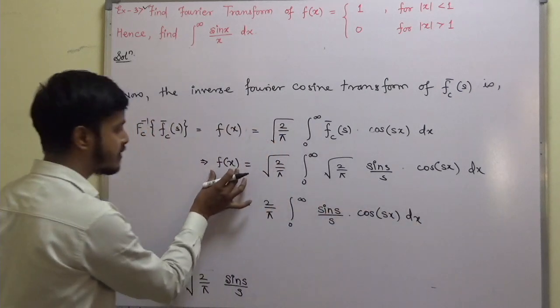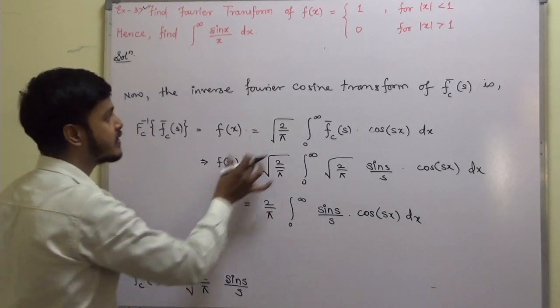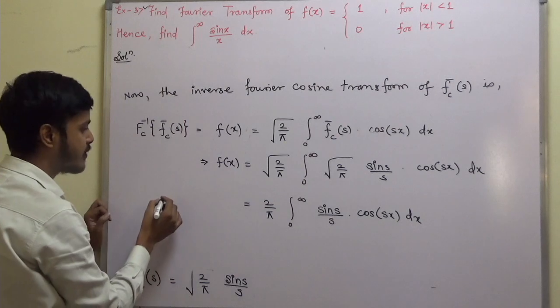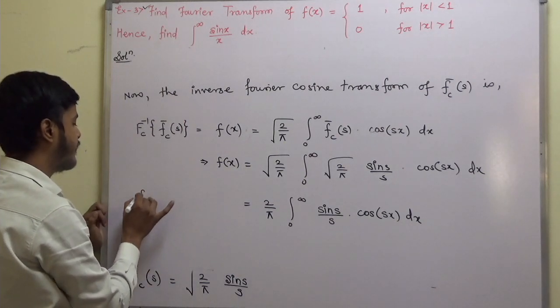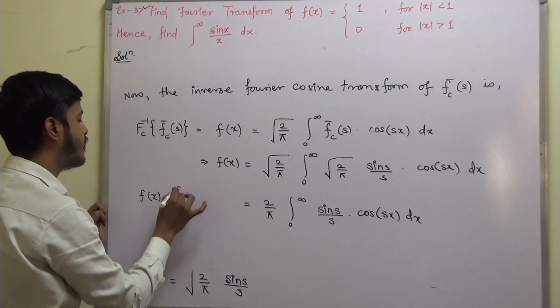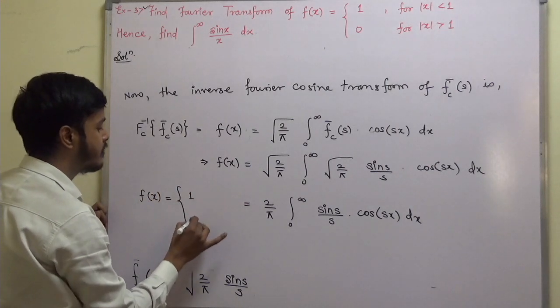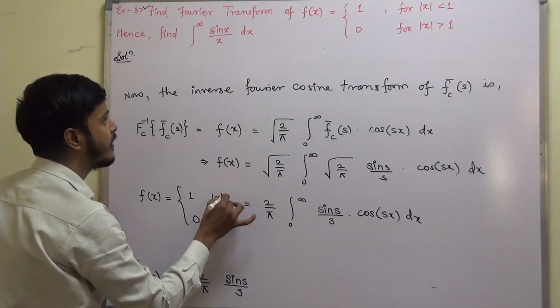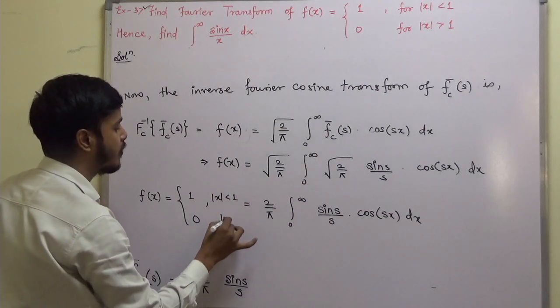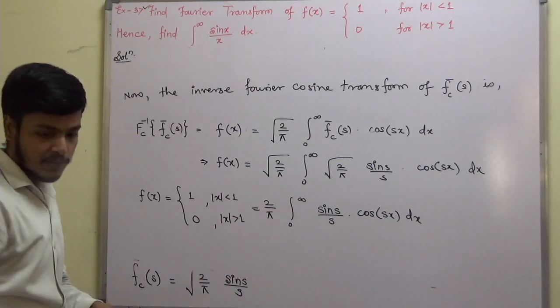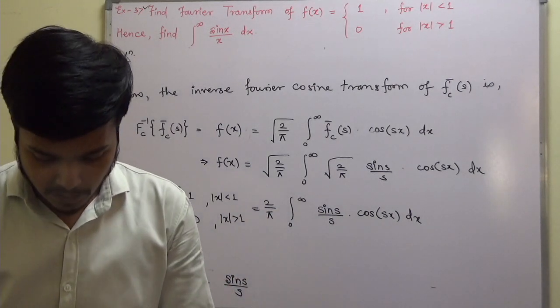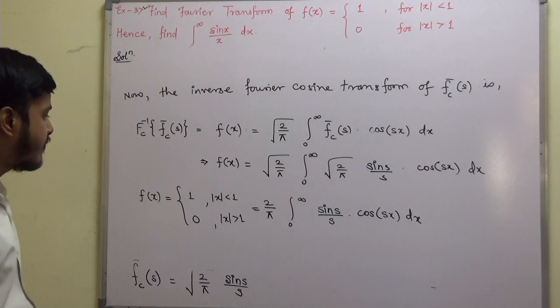Now on the left hand side, I am having f of x. What is f of x? I can write f of x is equal to 1 for mod of x less than 1, and 0 for mod of x greater than 1, and this is the same as this. So what should I do now?